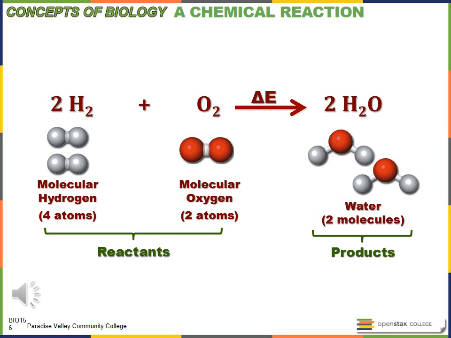You may also see, especially if you had chemistry before, that chemical reactions can often go the other way as well. You can start with a product on the right, the arrow would be flipped around facing to the left, and you would end up with the oxygen and the hydrogen. Okay, but for now we're just going to go left to right.